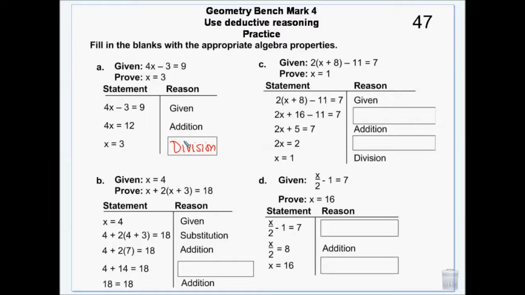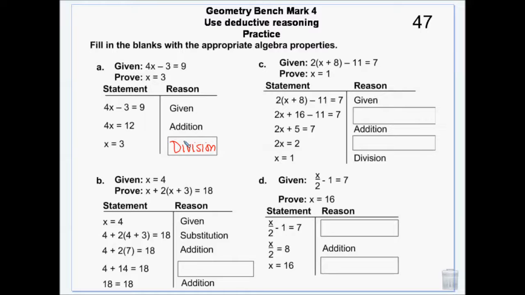If we go to B, I was given x equals 4, and I'm trying to prove x plus 2 times x. I'm going backwards, essentially. So they substituted. They took the prove statement, except instead of x's, they put in 4s. So that was substitution. Then they added the 4 plus the 3, so that gave us the addition.